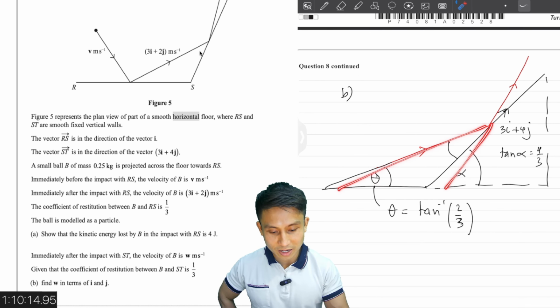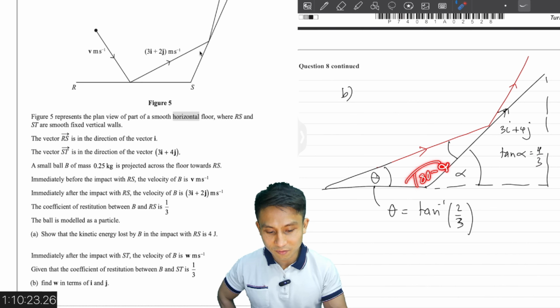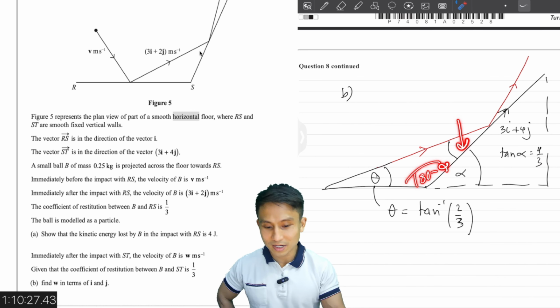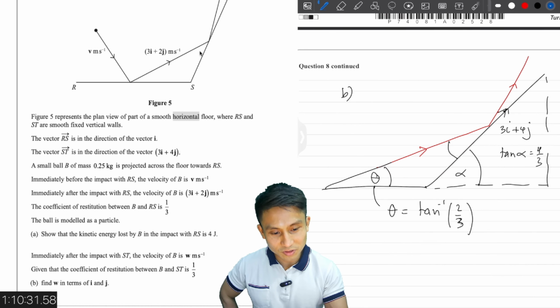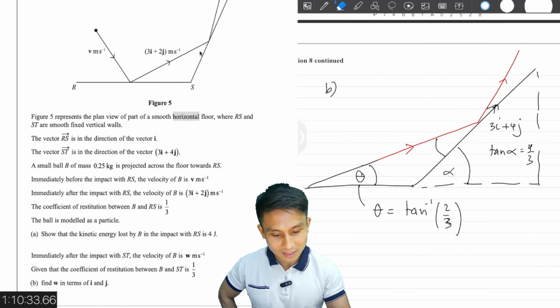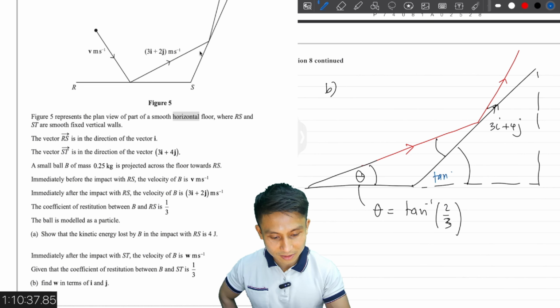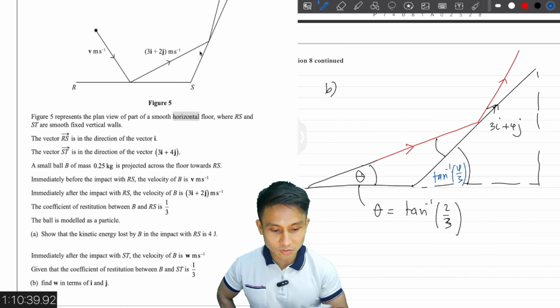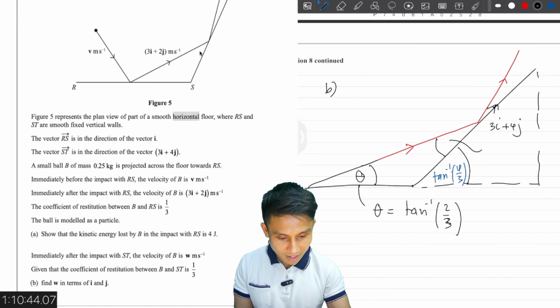If you do the triangle here, you know this angle alpha, just doing arctan 4 over 3, so this angle will be 180 minus alpha, right? That means if you do 180 minus this and this, you get that. So this will be arctan 4 over 3, and this will be then alpha.